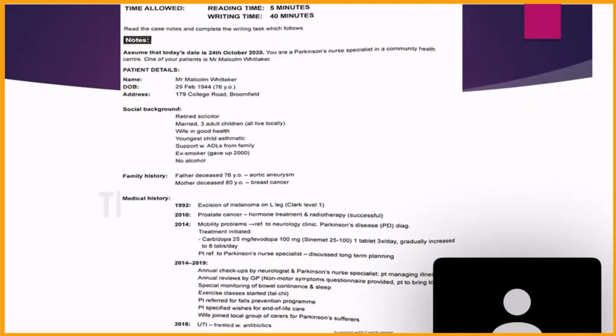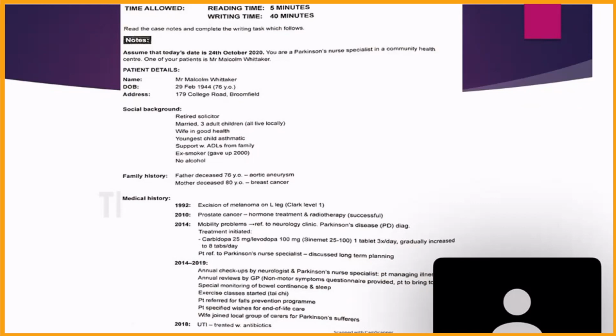Let's come to family history. I missed another one. Family history, father deceased, mother deceased. Do you think that is important here? No. And about the medical history, when it began, are the 1992 and 2010 episodes important? No need.